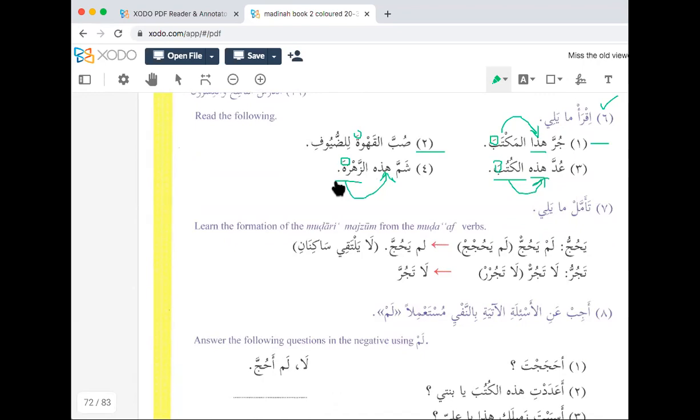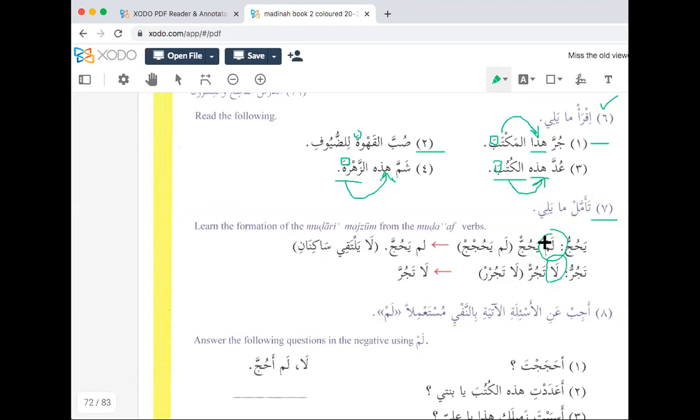In this exercise here, السابع, they've introduced lam and also la nahiya, both of these particles render the fi'l, the verb that comes after it, majzoom.